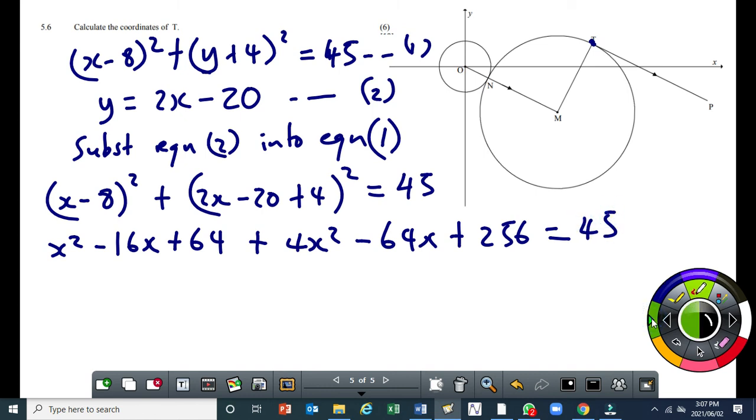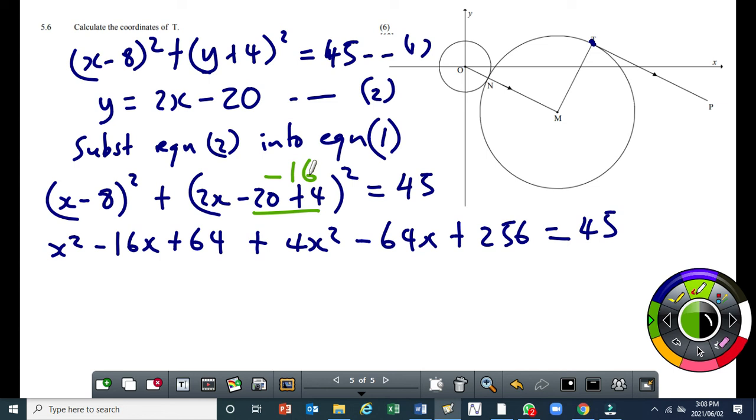Well, you might be asking, what is it doing? Minus 20 plus 4 gives me minus 16. Then you use FOIL there. That step which I was supposed to write here, when you use FOIL, I did that in my head, because this will give me a trinomial, and I know which trinomial I'm going to get. x times x, x squared. x times 8 times 2 will give me minus 16x. 8 times minus 8 gives me 64.